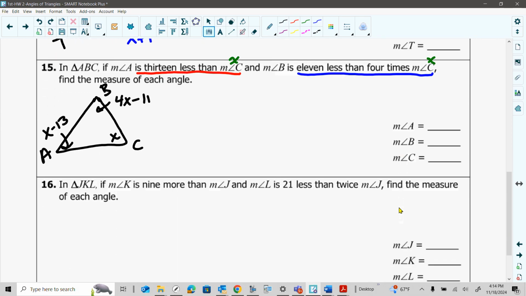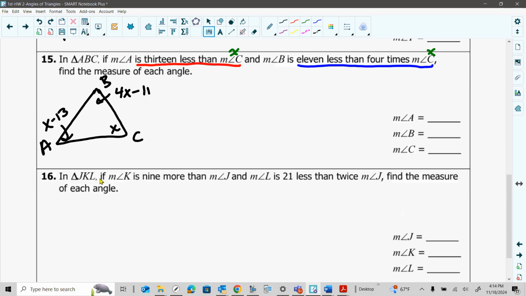Now, same kind of scenario on 16. K is 9 more than J, and L is 21 less than J. So I was hoping you would recognize that angle J is your unknown, your variable. So that should be your x.